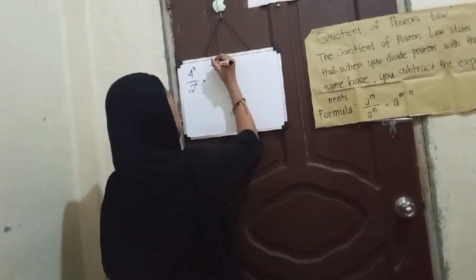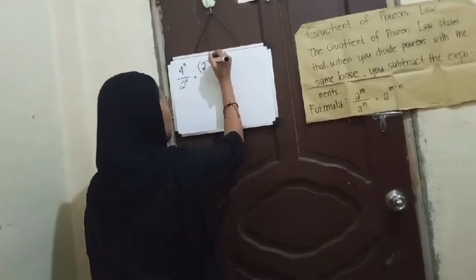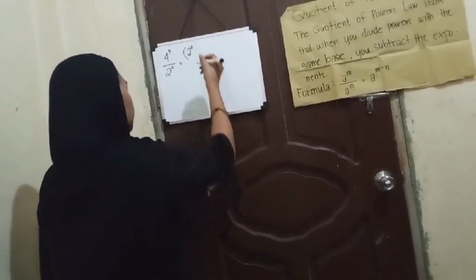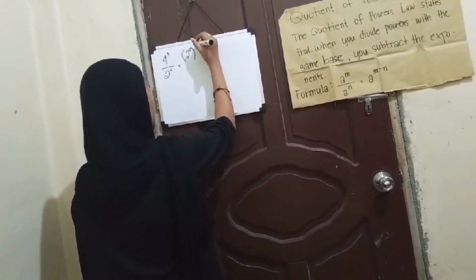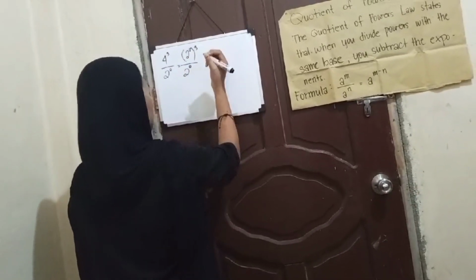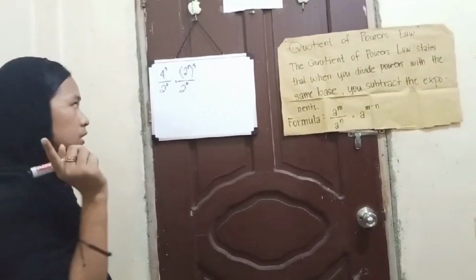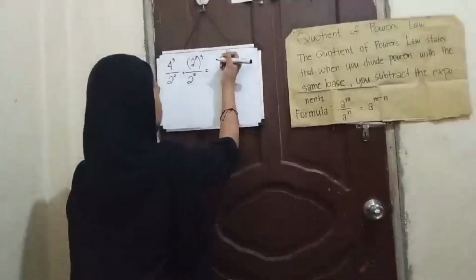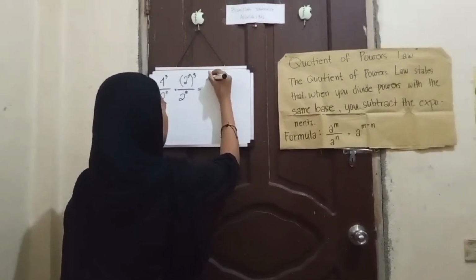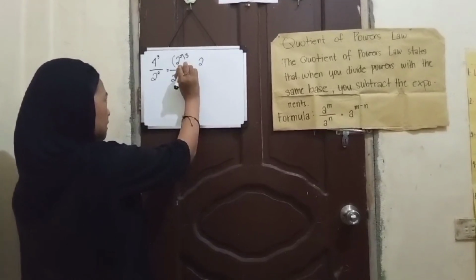So 2 squared is equal to 4, and then 2 raised to the power of 3, and then 2 raised to the power of 2, and then 2 times 3 is 6.